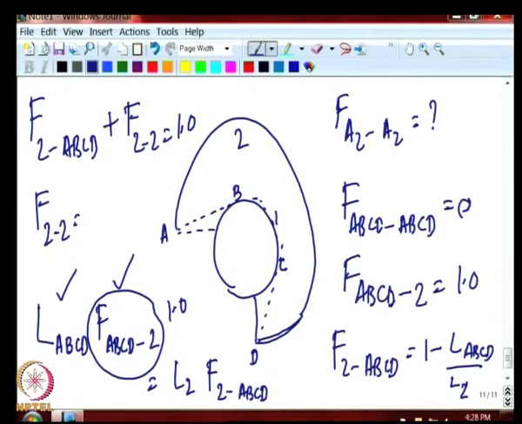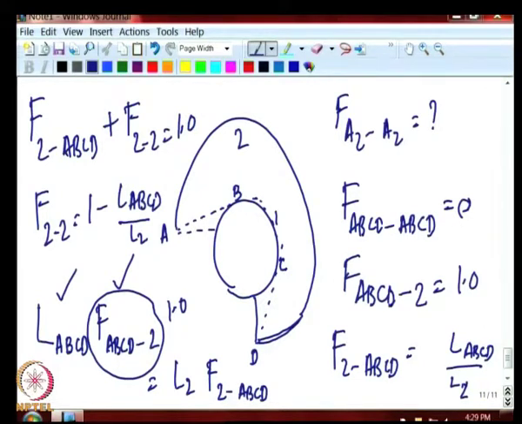I am sorry, I made a correction here: F 2 to ABCD is L ABCD by L 2 only. Now, I substitute that here, and we get 1 minus L ABCD by L 2. Then you apply this rule and you get the final answer: you just have to calculate the length of ABCD and the length of 2, take the ratio, and 1 minus that is the answer.